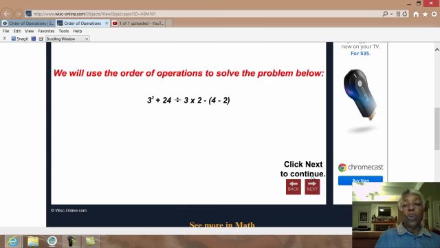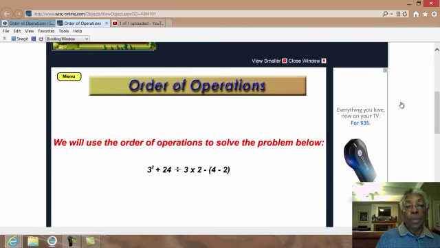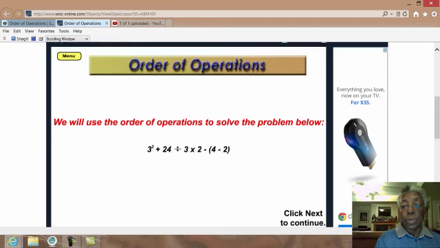We will use the order of operations to solve the problem below. We have 3 squared plus 24 divided by 3 times 2 minus parenthesis 4 minus 2. According to the order of operations, we take care of our what first?